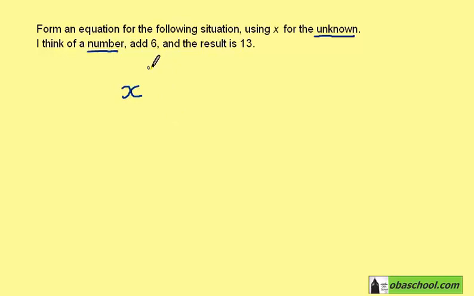What do we do to this number? The first thing we do to it is add 6. We're then told that the result is 13. Therefore, x plus 6 must be equal to 13, and this is an equation.